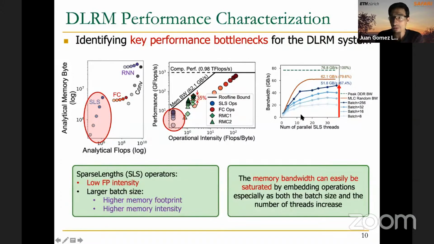This bandwidth saturation is a good indicator, and also, of course, the high memory intensity, memory footprint, and low arithmetic intensity that we have observed with the other plots. These are all very good indicators of PIM suitability, right? So it really makes sense to come up with some ways of executing these SLS operators near the memory.